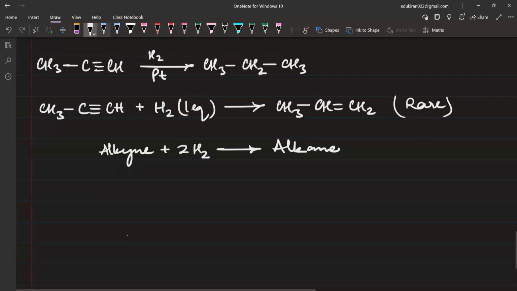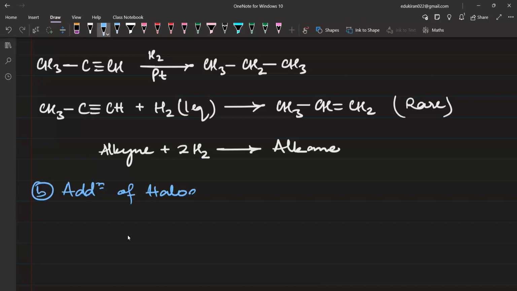After this you write addition of halogen. Addition of halogen, ठीक है?